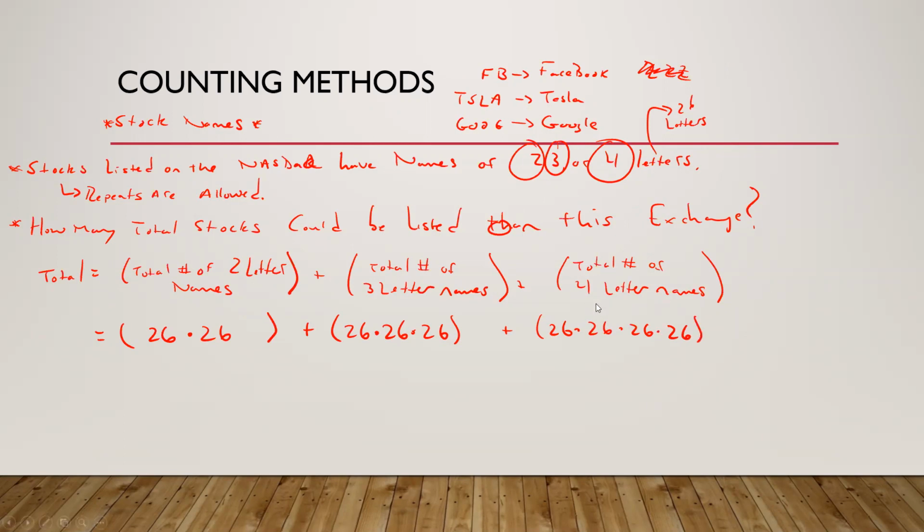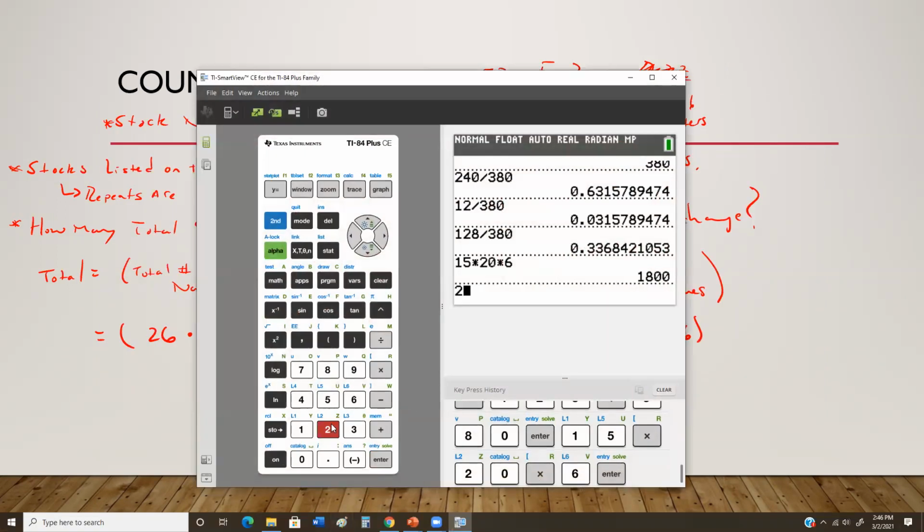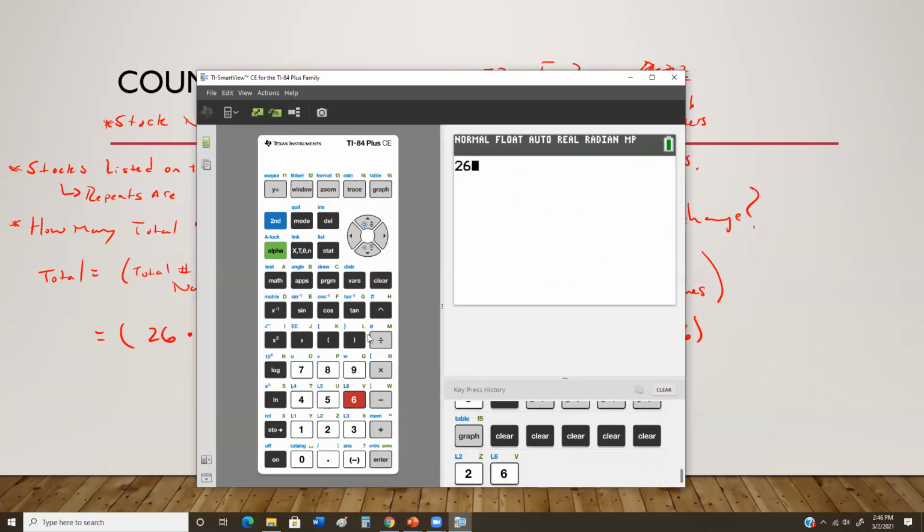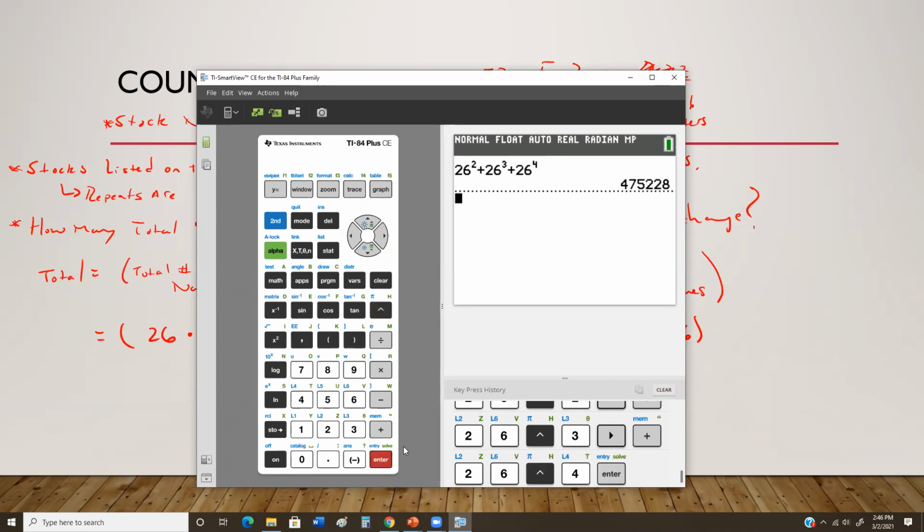And then at this point, you could just grab your trusty calculator. 26 squared plus 26 cubed plus 26 to the 4th power.